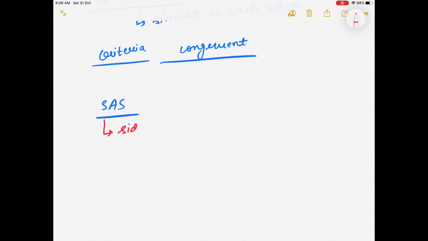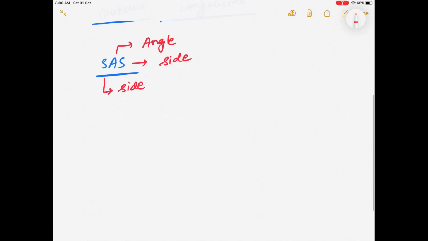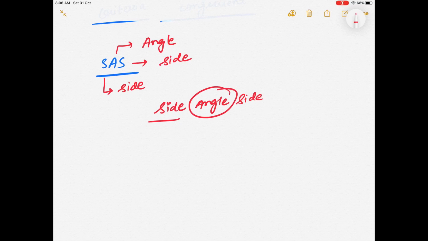Here the first S stands for side, the A stands for angle, and the third S stands for side again. We prove two triangles congruent using this criterion: side, angle, side. We first take a side of the two triangles, then an angle of the two triangles, and then again a side of the two triangles.